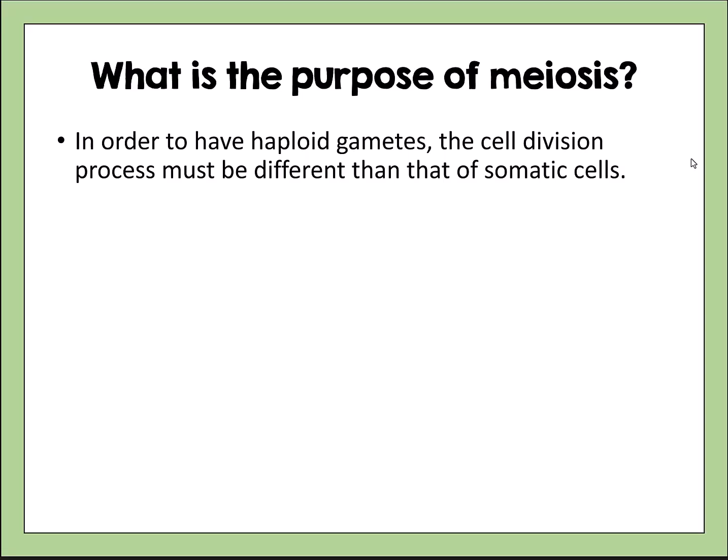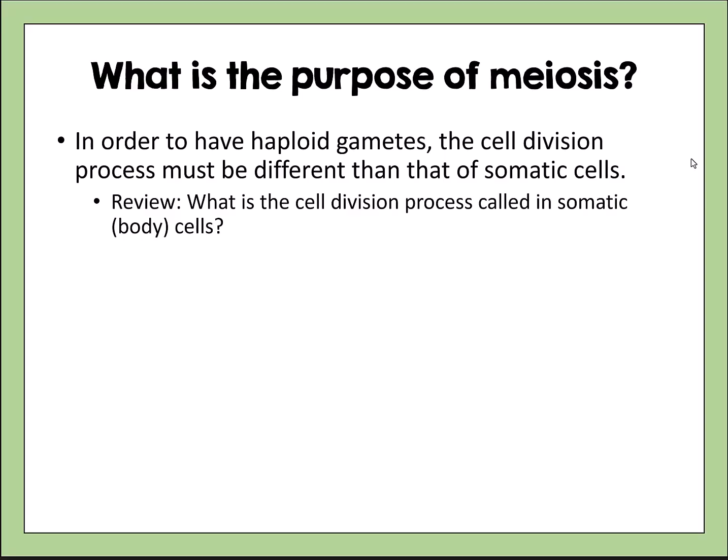So as a review, what is the cell division process called in somatic or body cells? It's called mitosis. And again, as a reminder, in mitosis, the goal is to produce identical cells from the cells that we started with. So when you're producing more skin cells through the process of mitosis, those skin cells are all going to be identical to each other and identical to the parents.